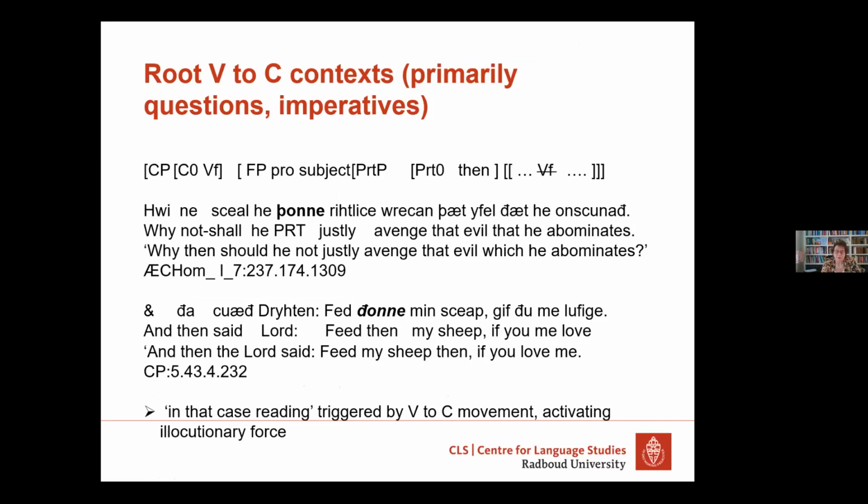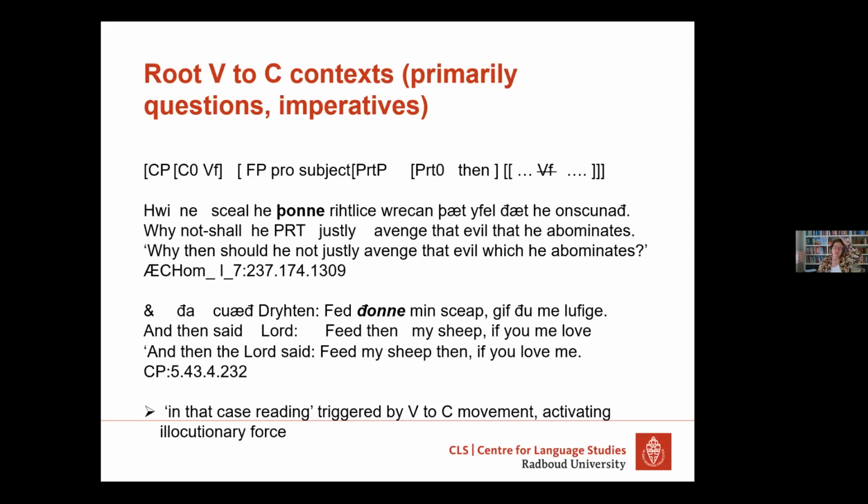And an imperative: feed then my sheep if you love me. So this "if you love me" gives you the context that thona refers to. So in that case, it is a reading that, of course, very often applies in conditional contexts.